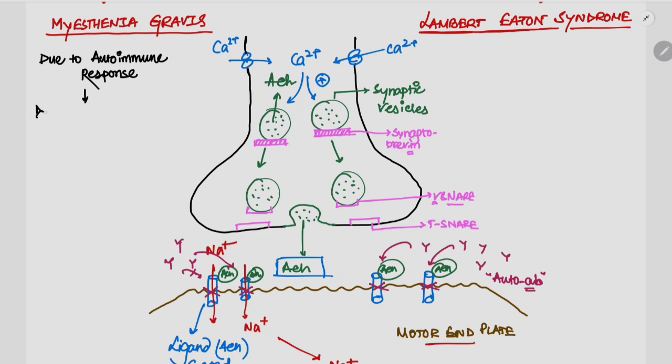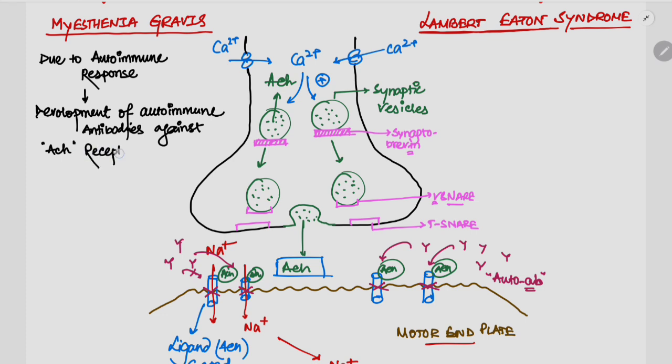There is development of autoimmune antibodies against the acetylcholine receptor in ligand gated sodium channels.